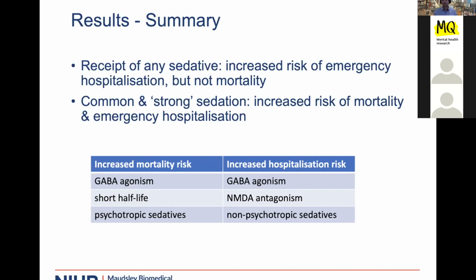Interestingly, non-psychotropic sedatives were associated with increased hospitalization risks, but I guess those people are maybe also more severely ill, and they are prescribed a medication for one of those physical health conditions where the clinician might not necessarily be aware that it is a sedative.